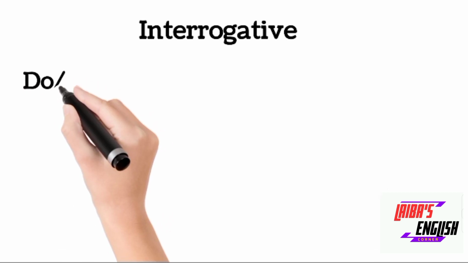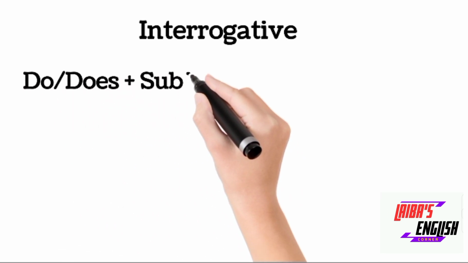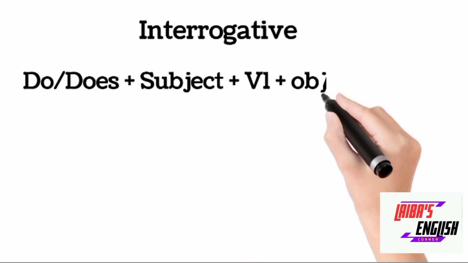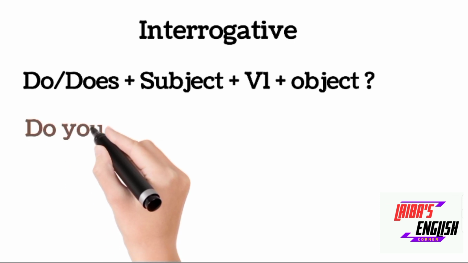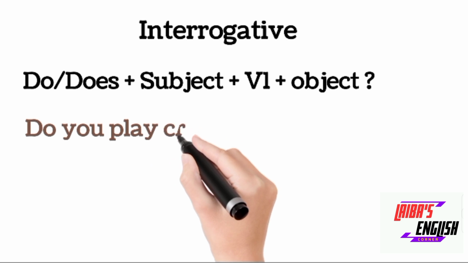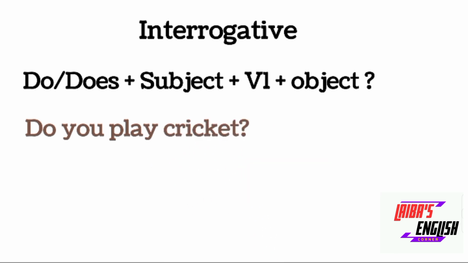Now we are going to make the interrogative of this. For making it interrogative, we use the helping verb at the start, like do and does plus subject plus verb first form and an object. And remember, you have to put a question mark at the end. For example, do you play cricket? Question mark.